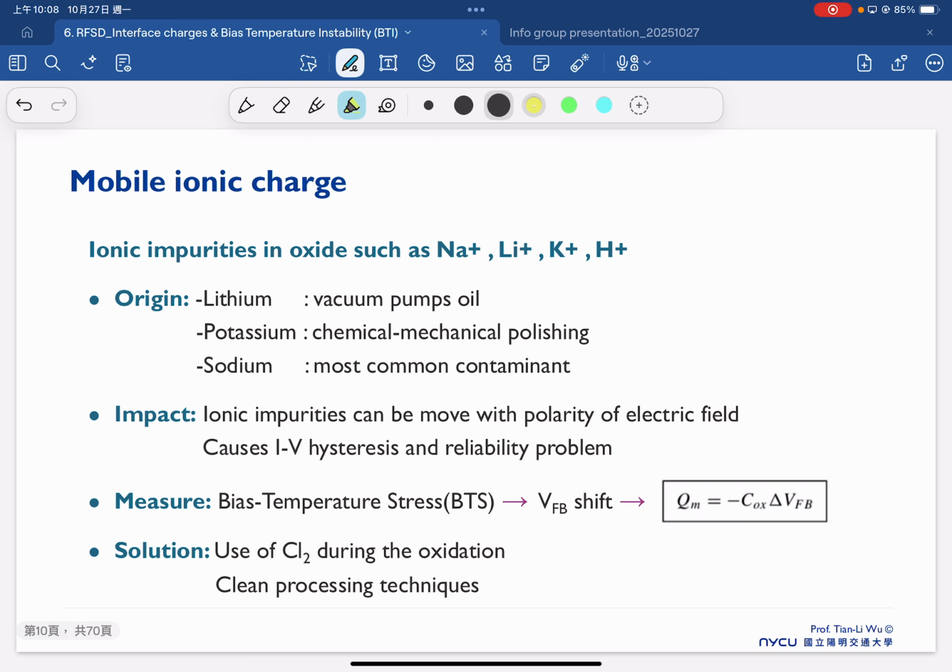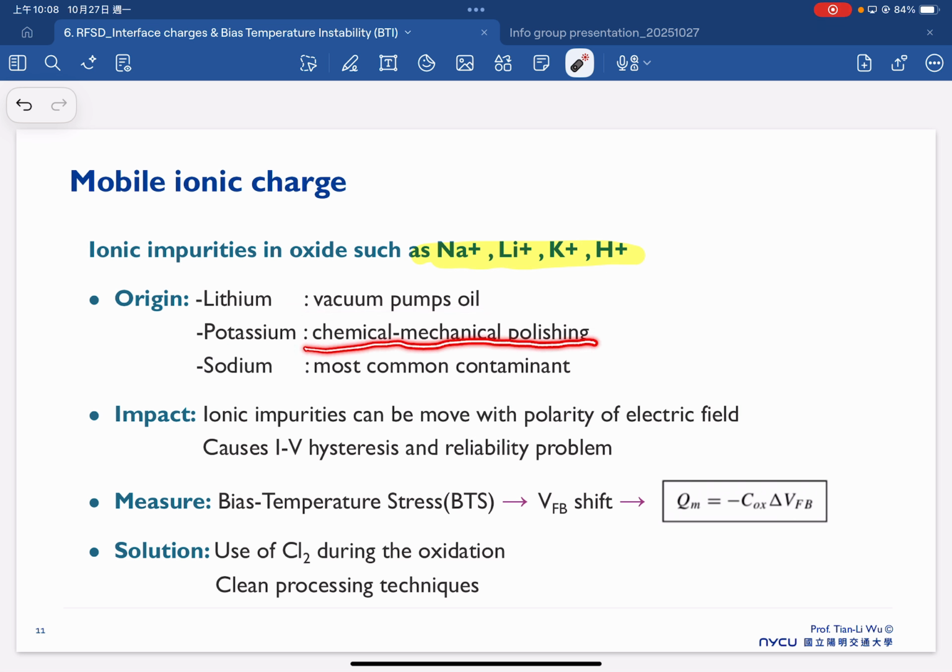So if we look at this mobile ionic charge, that can be ionic impurity in the oxide, and this can be due to several possible origins: vacuum pump oils, chemical mechanical polish, or certain contamination. That all can be possible.